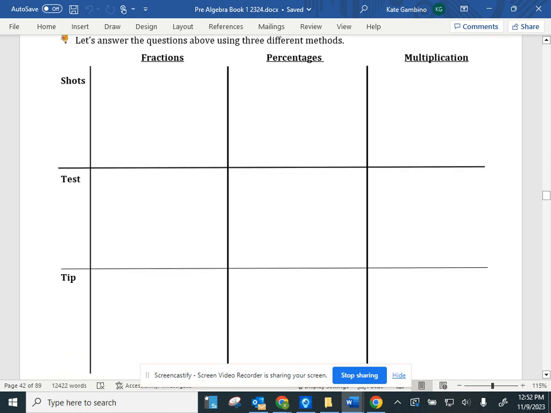We're going to use fractions, percentages, and multiplication, 3 different methods to answer those 3 questions. So what I write on the board, what do you have to do? Write it in your book, each method, so we know how to use each method.